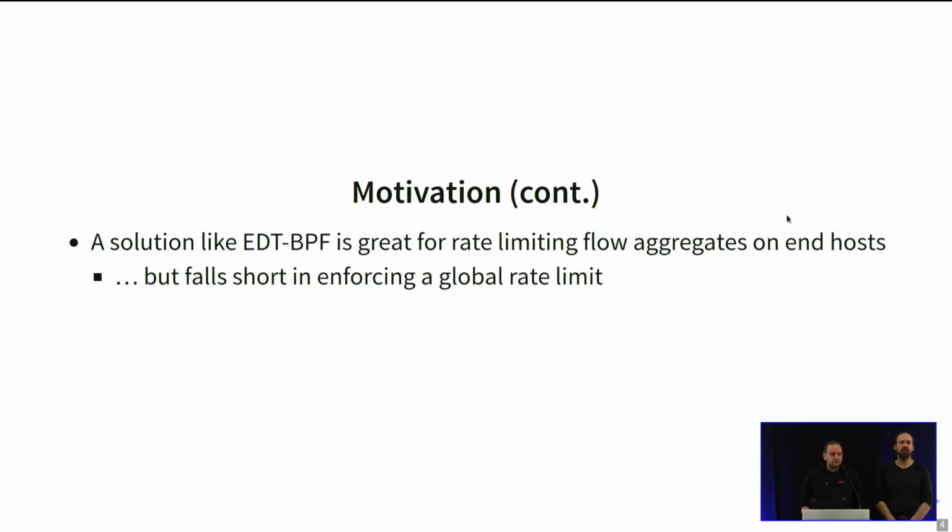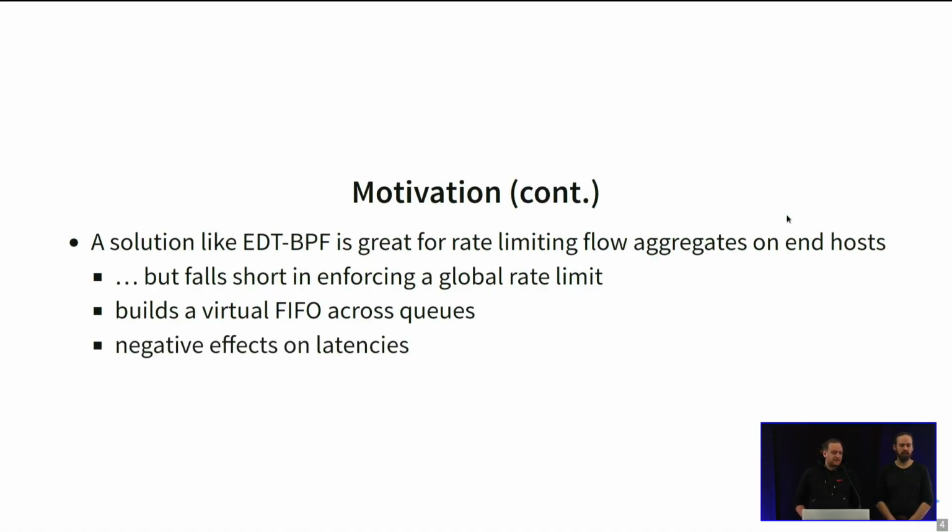This is because the BPF program sets a departure timestamp for every packet. When we have a global rate limit on an interface, this timestamp will continually increase, which builds a virtual FIFO across all transmission queues. This has negative side effects on latencies.